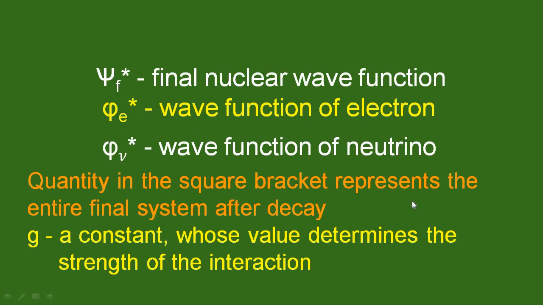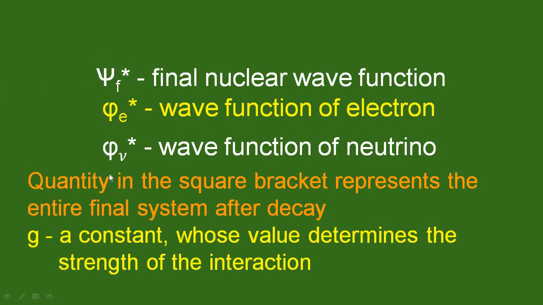Here psi f star is the final nuclear wave function. It is only the final state of the nucleus, and phi e star is the wave function of the electron, and phi nu star is the wave function of the neutrino.